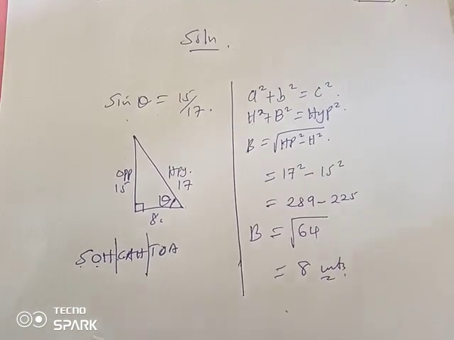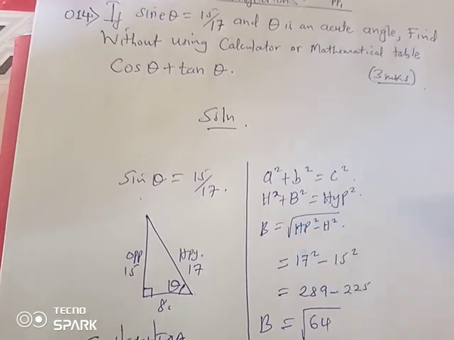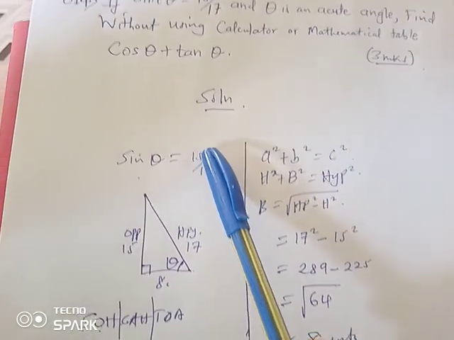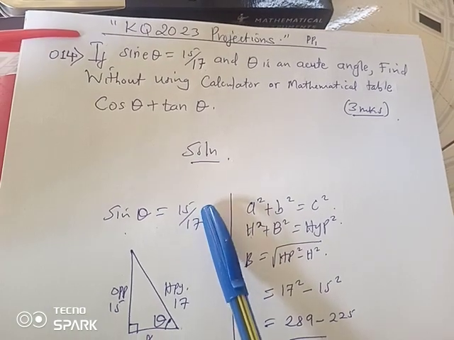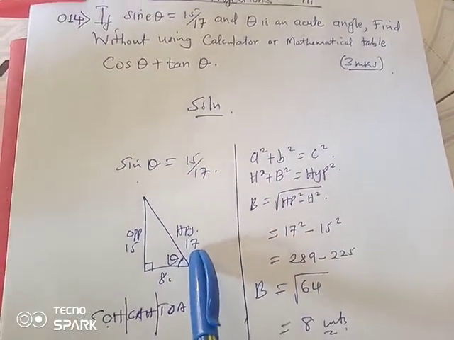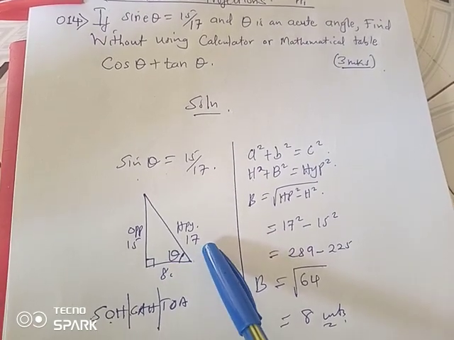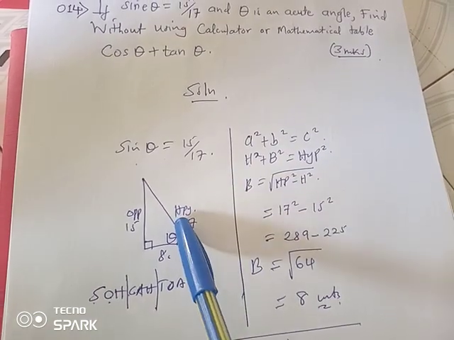So up to there, I hope you are together and can follow through. I've just interpreted the ratio given, that is sine theta is equal to 15 over 17, and brought it onto our right angle triangle, because the SOHCAHTOA only applies to right angle triangles.